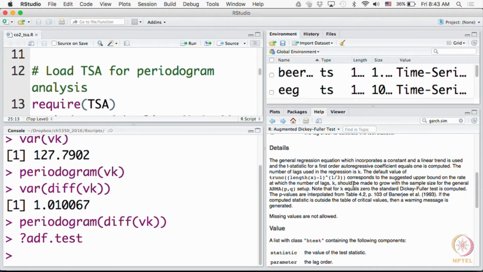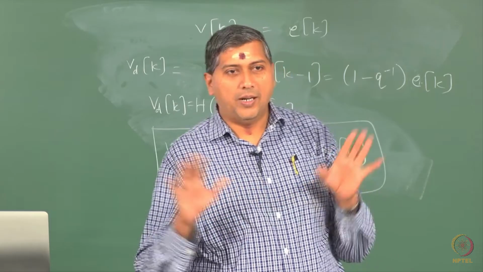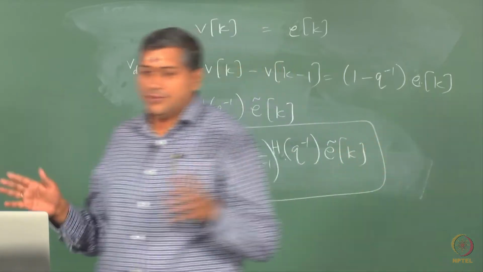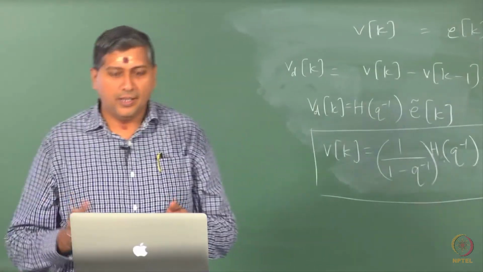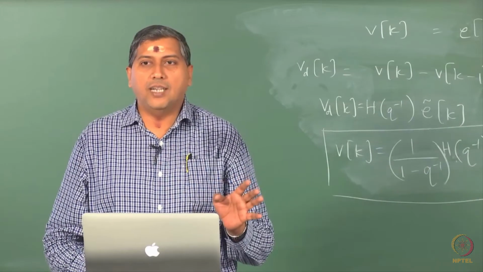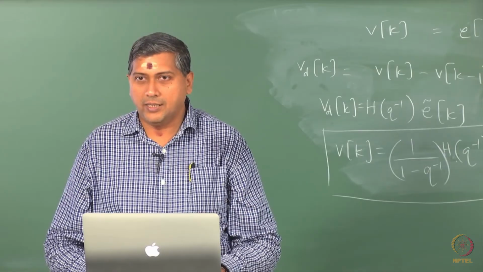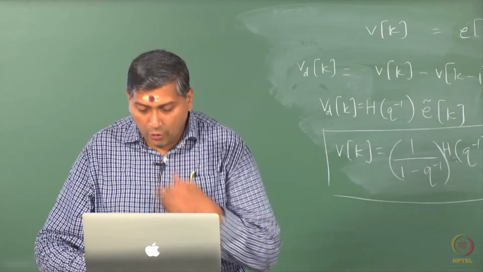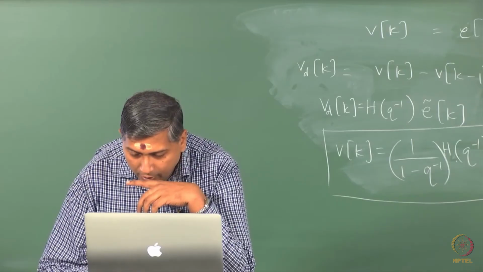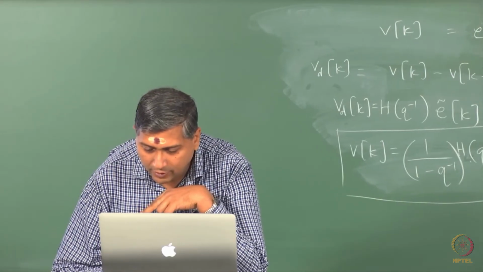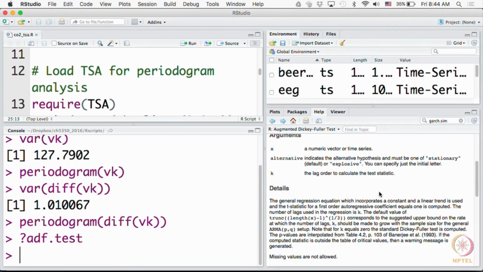If the p value is less than the significance level, then what do I do? Reject the null hypothesis. Remember, if the p value is low, the null hypothesis must go. So, you set your significance level after the p value is obtained and figure out if the null hypothesis is to be rejected. But you should also look at the alternative. It says the alternative is one of stationary or explosive.